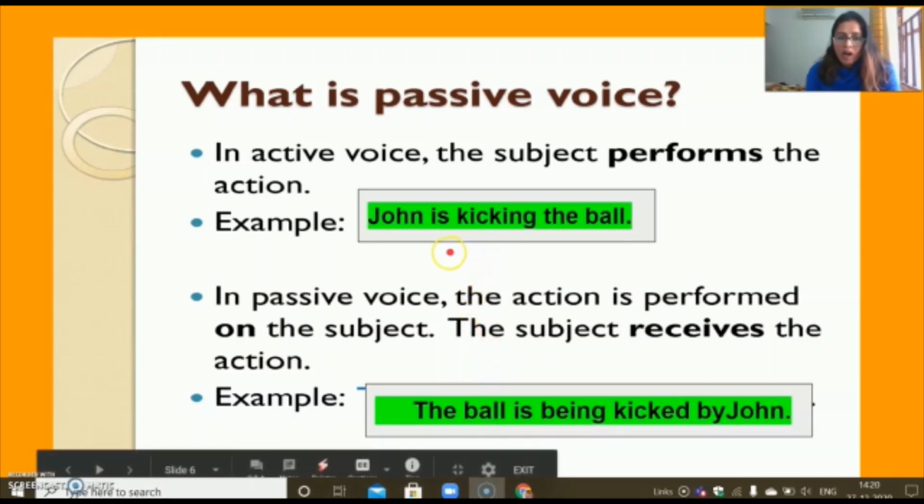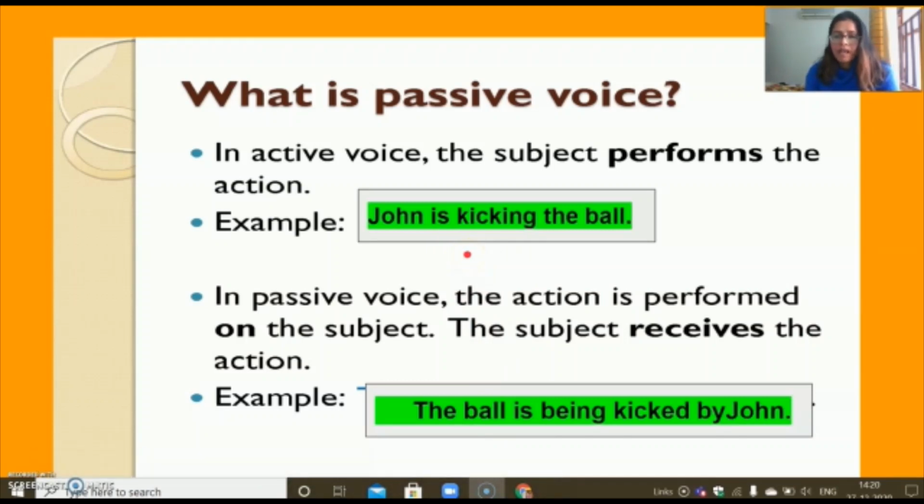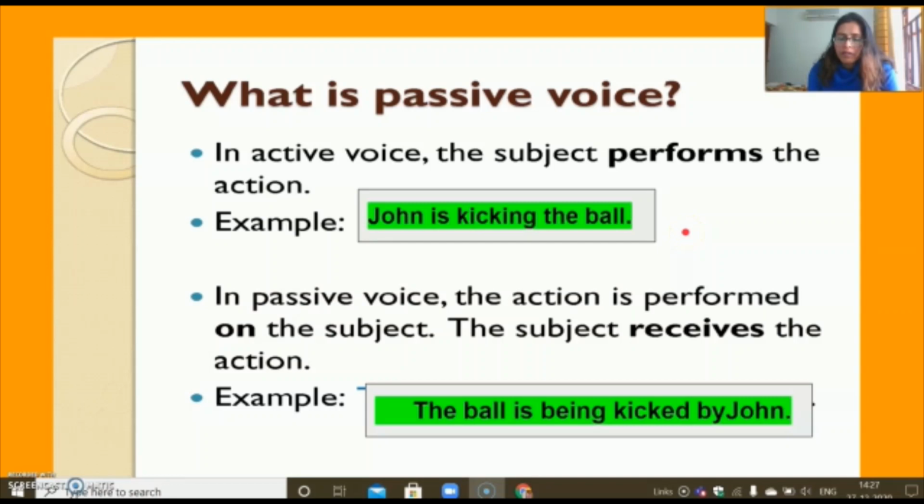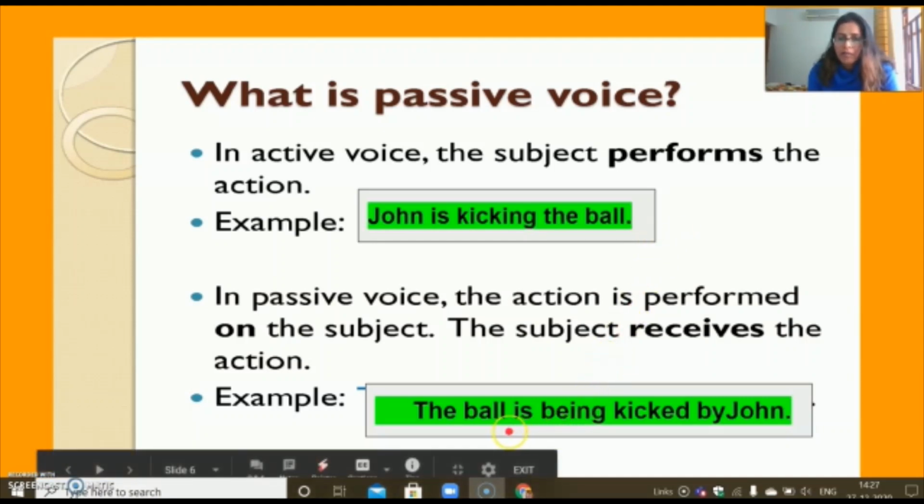Students, now I would like to explain the difference between active form of verb and passive form of verb, right? Now further, John is kicking the ball. So keep one thing in mind, and that is in active voice we use verb in its active form, but in passive voice we use verb in its passive form.